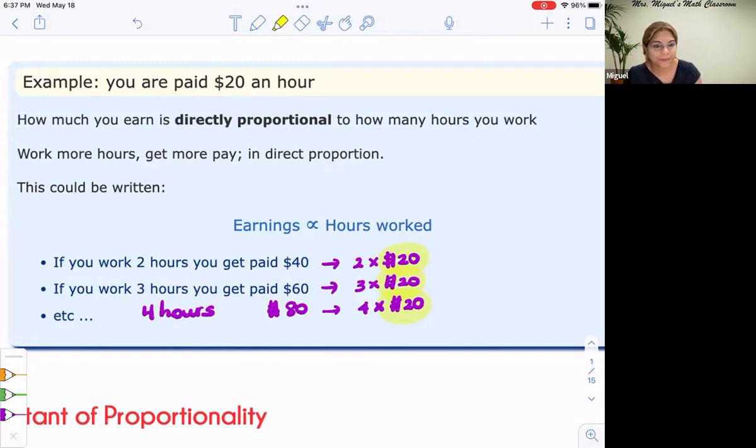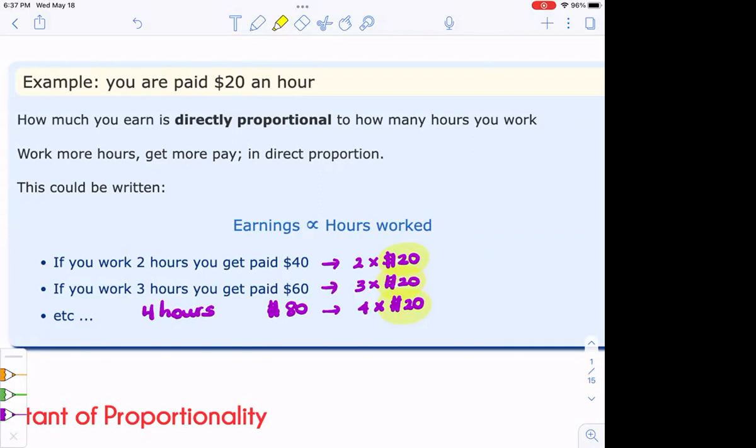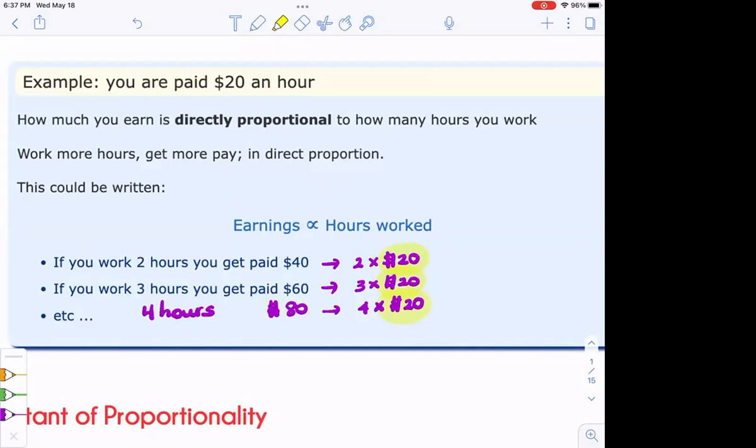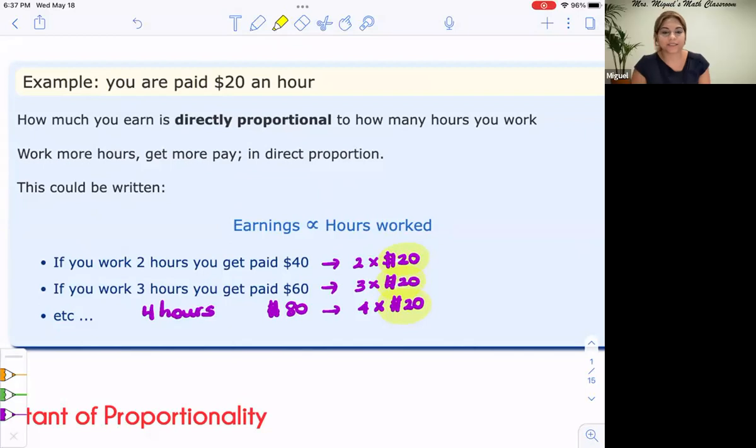Brittany. Now, are Brenda and Brittany getting the same rate of pay? Yes, miss. Right. So what changes? What changes that Brenda's salary is smaller than Brittany's salary, what is the deciding factor? The hours.